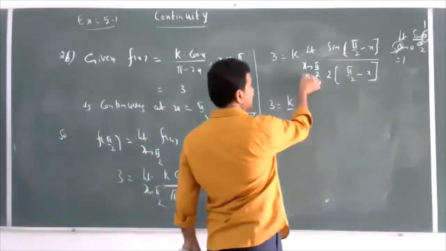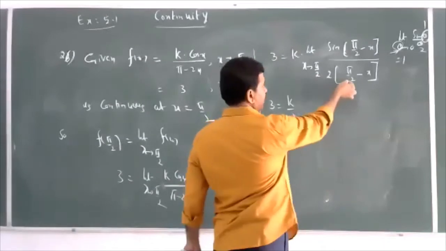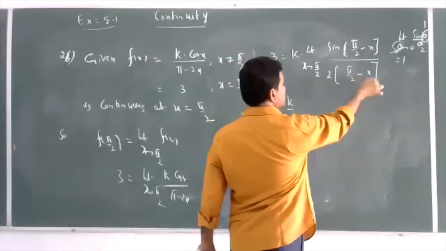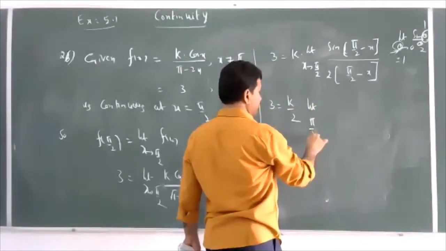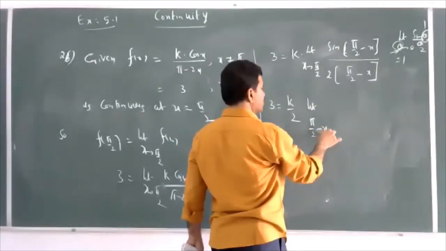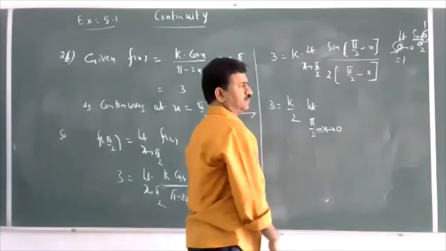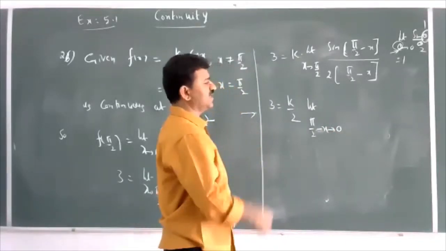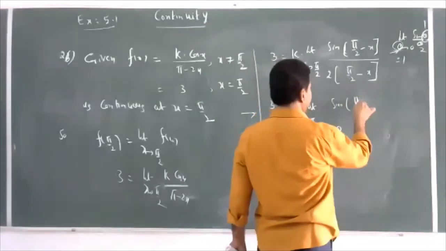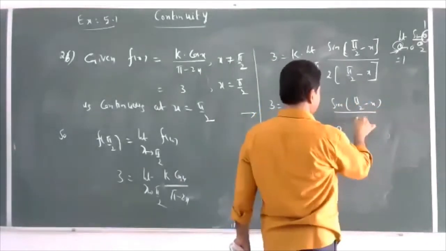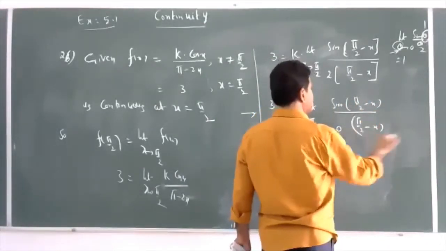Change the limit. As x tends to pi by 2, pi by 2 minus x tends to 0. Change this limit, compulsory. Pi by 2 minus x tends to 0, sine of pi by 2 minus x by pi by 2 minus x.